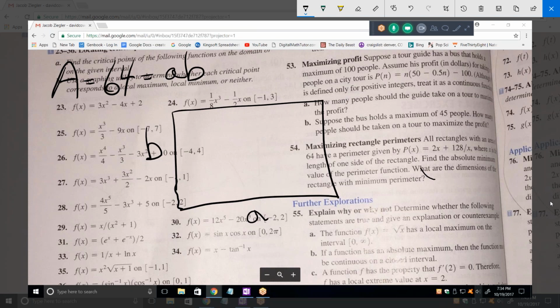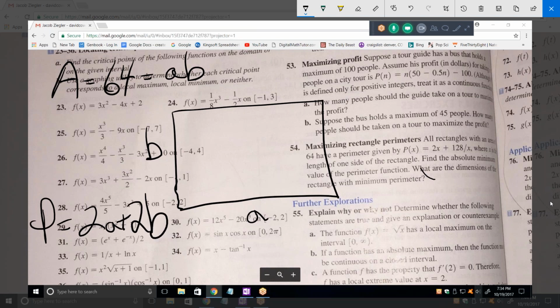Perimeter, which is the function we're trying to minimize, we're trying to get the smallest possible perimeter, is 2a plus 2b.